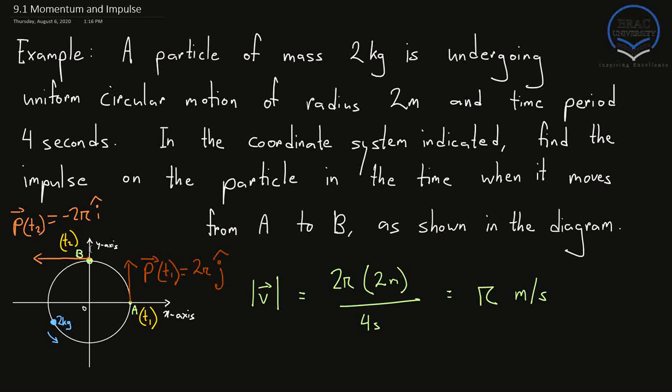Now the impulse when it goes from A to B is simply given by J equal to p, the final momentum, minus the initial momentum, and we have to take into consideration the fact that these are vectors, and we get minus 2 pi i hat minus 2 pi j hat. So it's important to understand that impulse is a vector quantity and treat it accordingly.